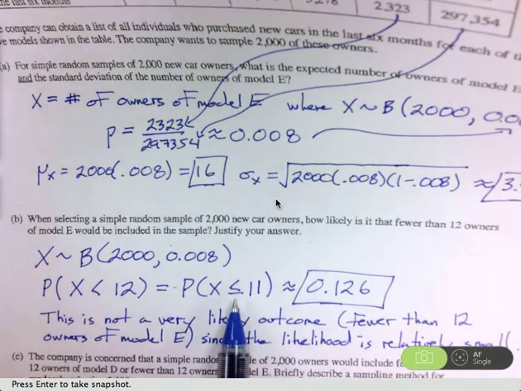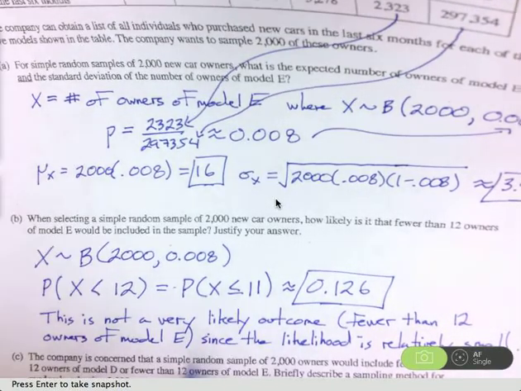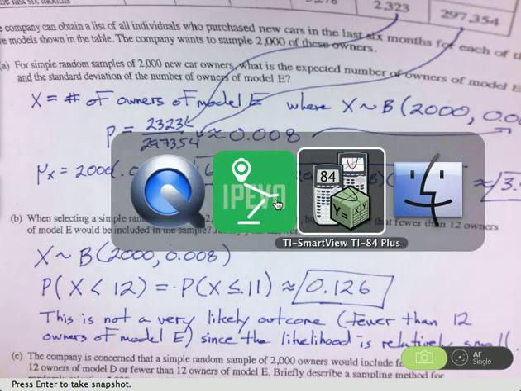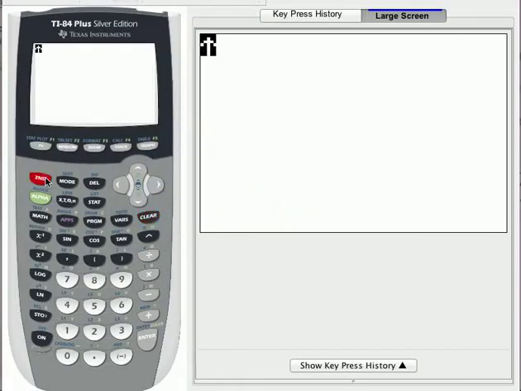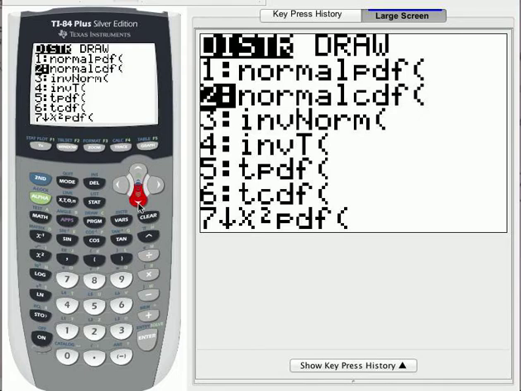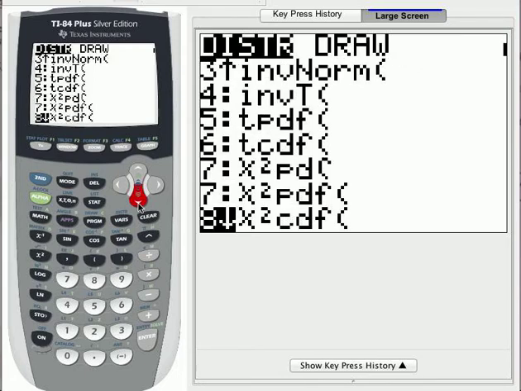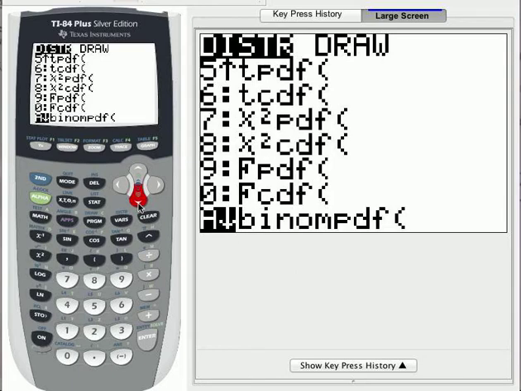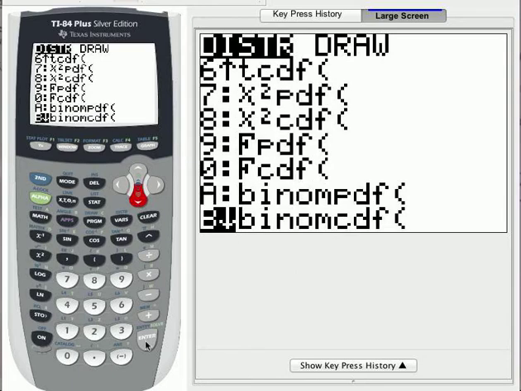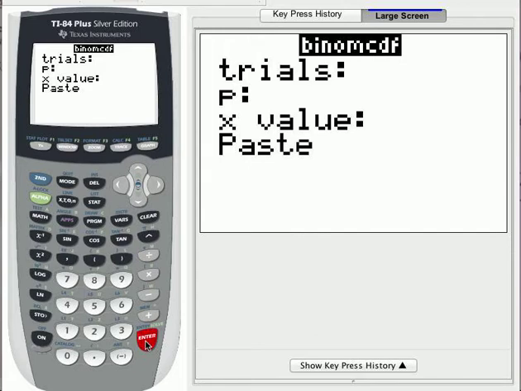And this now is a binomial CDF command. The binomial PDF command calculates exactly one probability, and I don't want the probability of just 11. I want to include the probability of 11 owners of Model E, or 10, or 9, or 8, all the way down to 0.